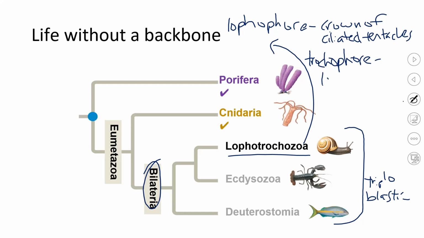And this is a larval stage that is free swimming, and it has cilia. So some Lophotrochozoa have both the lophophore and a trochophore. Some have one or the other. And some of them are molecularly related and don't have either.